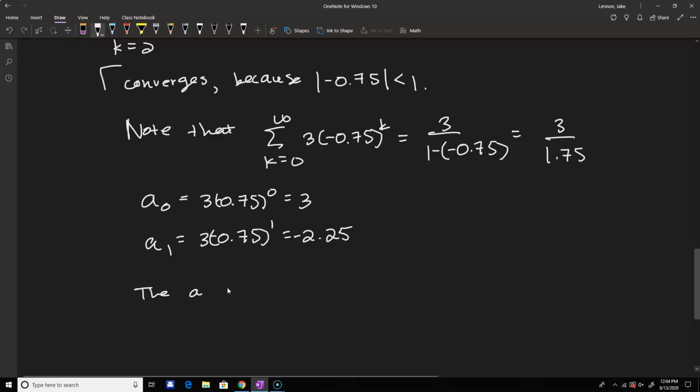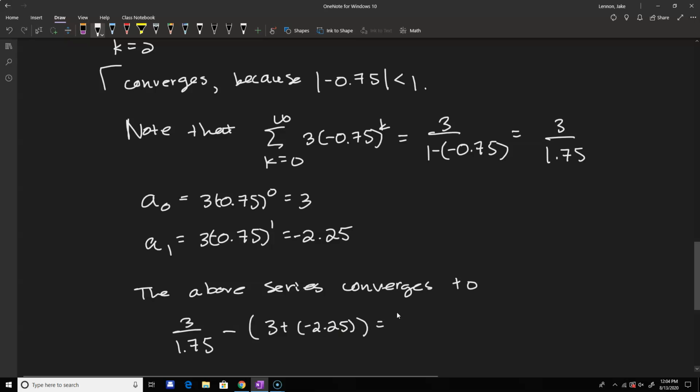So the above series converges to 3 over 1.75, and then we need to subtract the sum of the other two. So 3 plus negative 2.25, which is going to come out to, let's go ahead and do an approximation there.